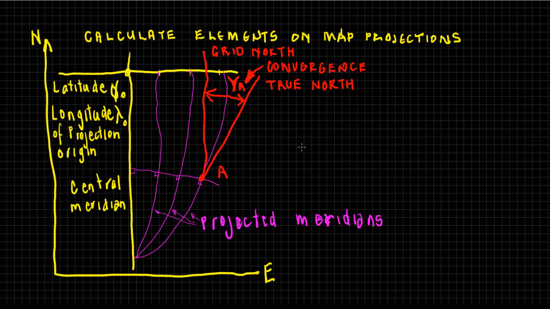So there we are, showing how the convergence is the angle between grid north and true north, true north being at tangent to the meridian through A. Usually our meridional circuits and such are designed so that this convergence is not too great.